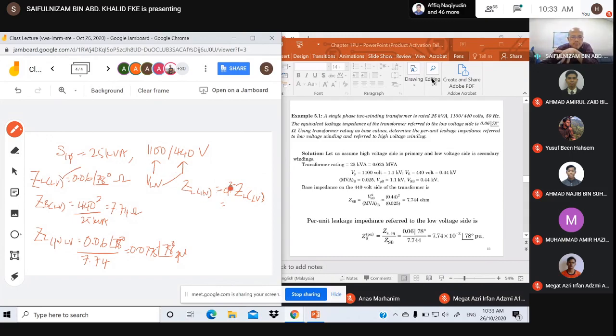So you need to multiply by the square of the turns ratio. So what do you get? 1100 over 440, squared, multiplied with this value, ZL at LV. What do you get?